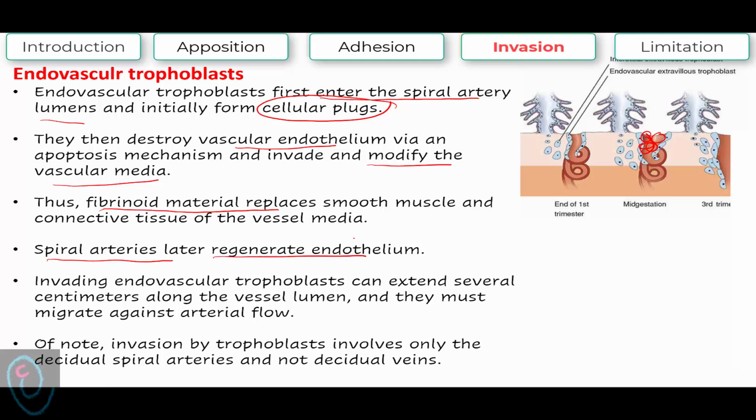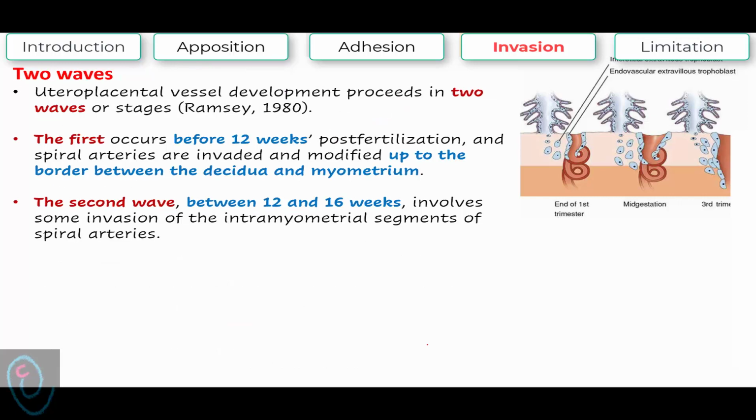Invading endovascular trophoblast can extend several centimeters along the vessel lumen, and they must migrate against arterial flow. However, invasion by trophoblast involves only the decidual spiral arteries and not decidual veins. This spiral artery remodeling occurs in 2 waves.